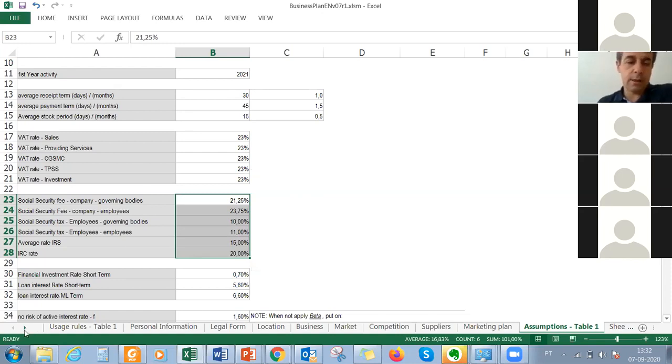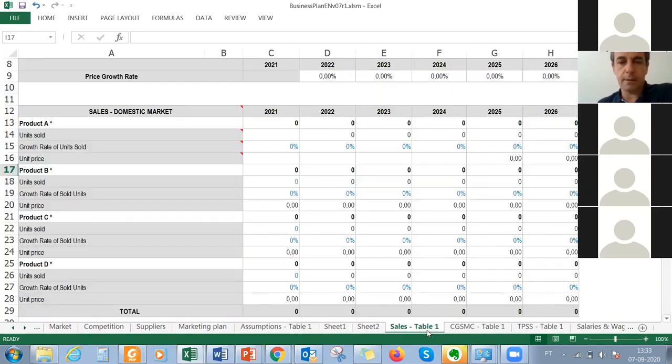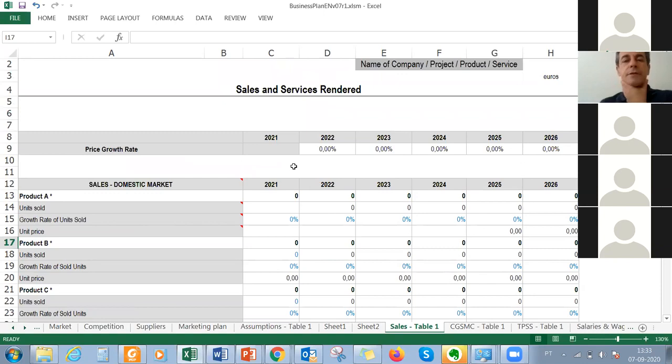So we can move forward to the more relevant quantitative sheets, and the first one is concerning sales. So you have a product A in the market, and you have to answer at least two questions.